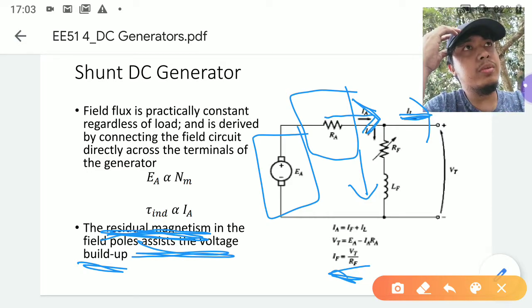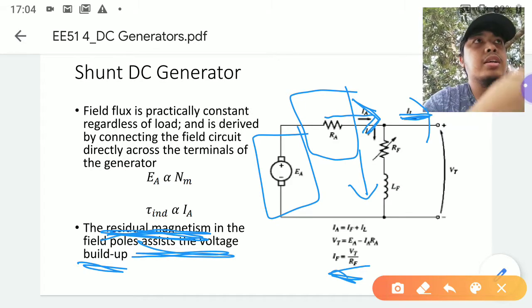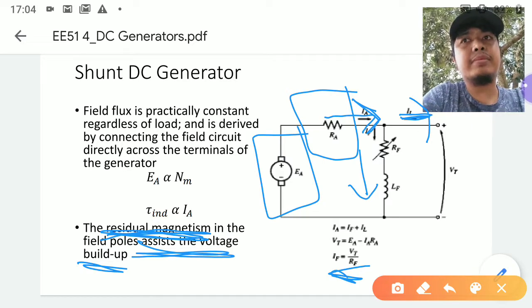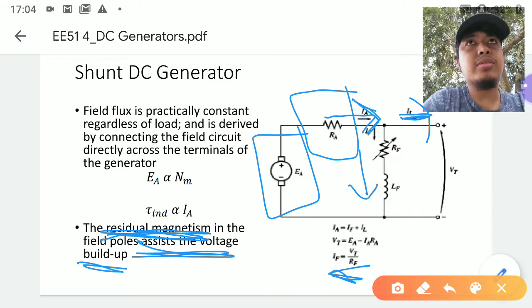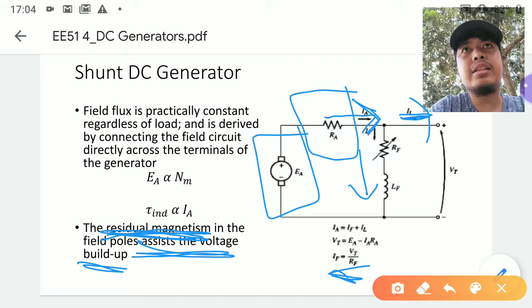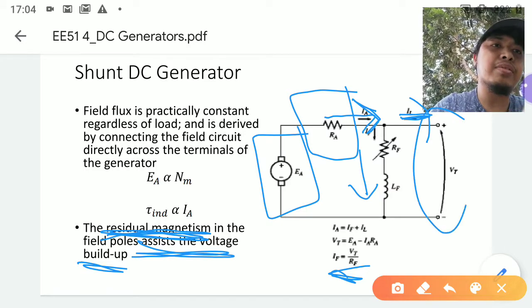When you start from a cold start, your prime mover is not yet running, therefore you actually don't have a voltage here.